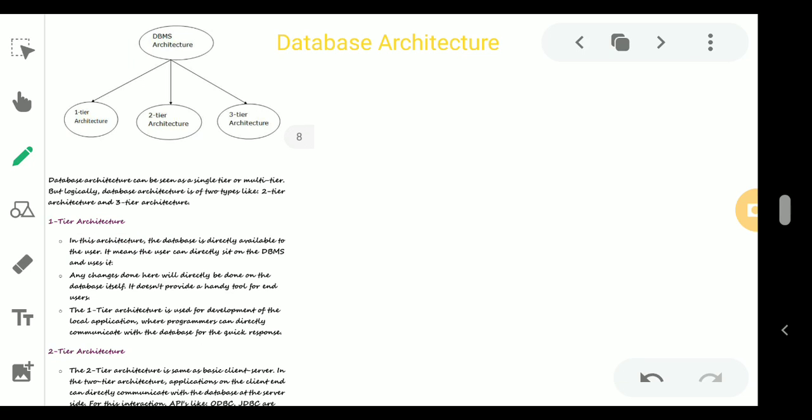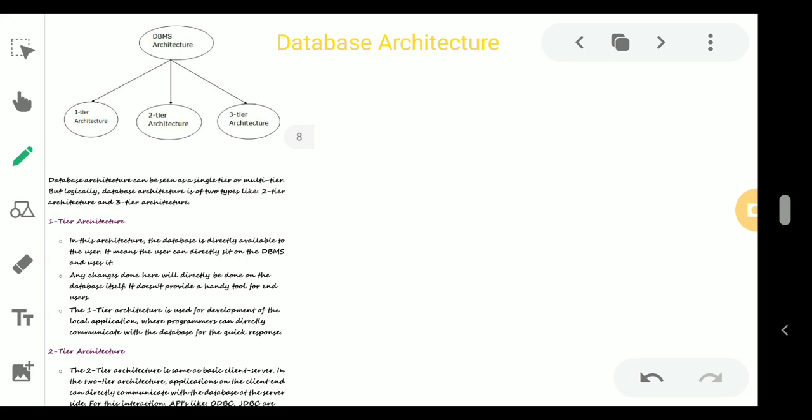This classification is done because of the number of users. If multiple users are involved, then we will not consider the single tier architecture. At that point of time we will consider the two-tier or three-tier architecture.